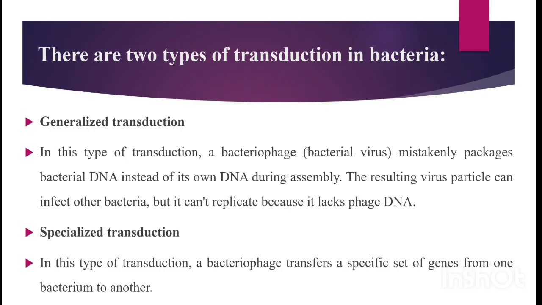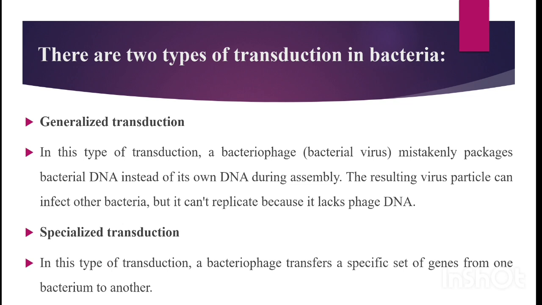Next, there are two types of transduction. One is generalized transduction, where the bacteriophage infects the bacterial cell and injects its genetic material inside the bacterial cell. Then the enzymes help to cleave the bacterial DNA into fragments. Then the new bacteriophages are formed, some with viral DNA, some with bacterial DNA.